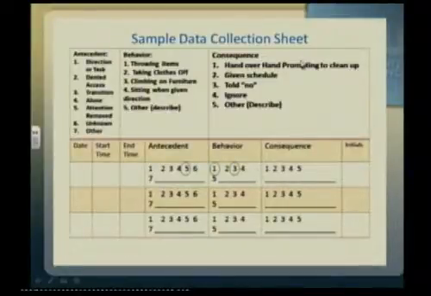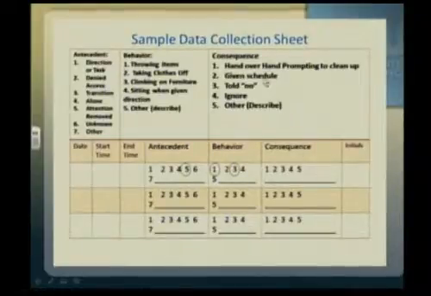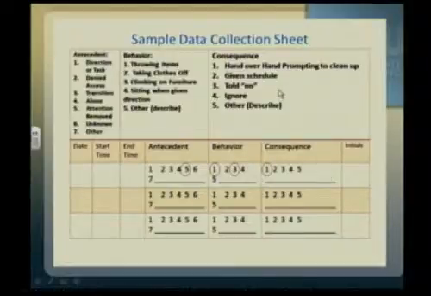Finally, I want to note the consequences that were used so that I could begin to assess whether or not there's a correlation between increased behavior with certain consequences. And in this case, the teacher used hand-over-hand prompting to help Andrew clean up. Now, if you remember this episode from the chart that I showed you earlier, that very first episode was a behavior that functioned to achieve attention.